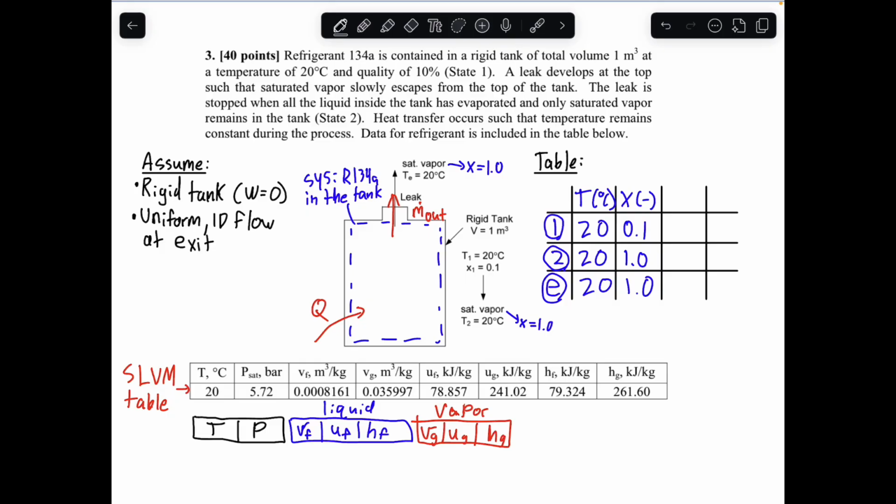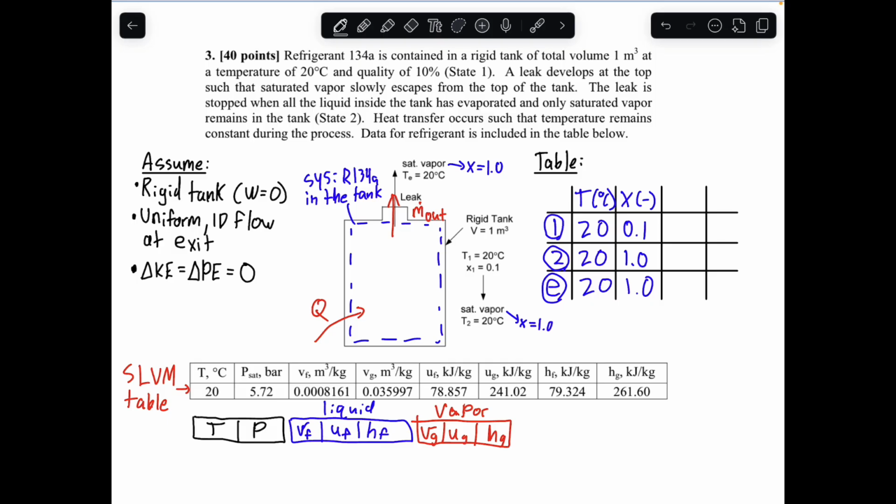And then we also don't have any information about any velocity or any changes in potential energy. So we can also assume that our changes in kinetic energy and our changes in potential energy are going to be equal to 0. And that's really all we need for now for our assumptions.